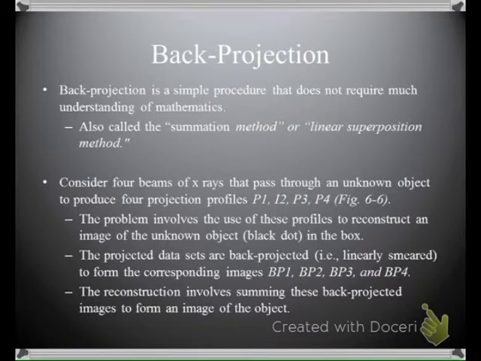If we first begin by looking at back projection, we have to understand that back projection is simple. It uses simple mathematics that really doesn't require a complex understanding. It's also called the summation method, or the linear superposition method.